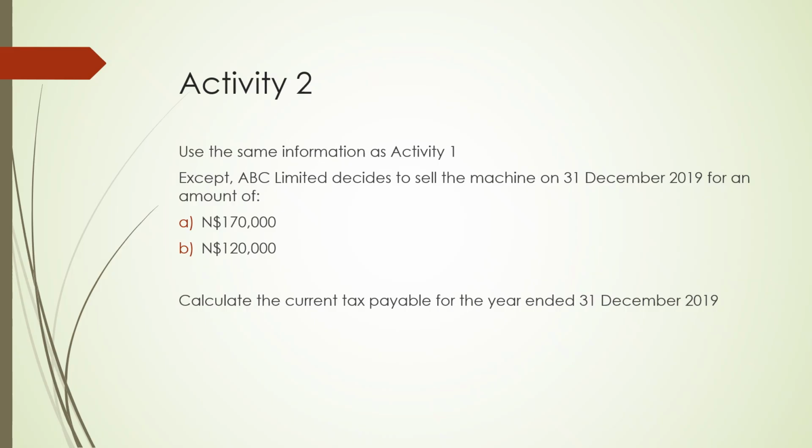Let us go on with another activity, but in this instance, we assume that ABC Limited decides to sell the machine on 31 December 2019 for an amount of, in the first instance, 170,000, and in the second instance, 120,000. The required is to calculate the current tax payable for the year ended 31 December 2019.